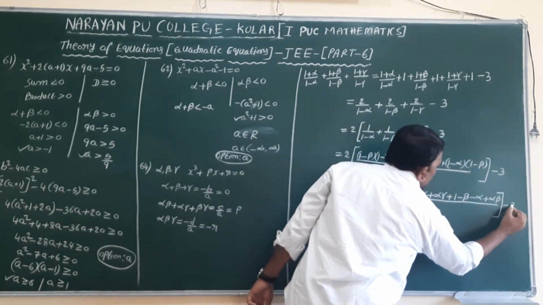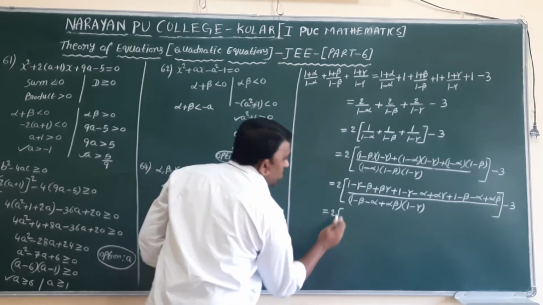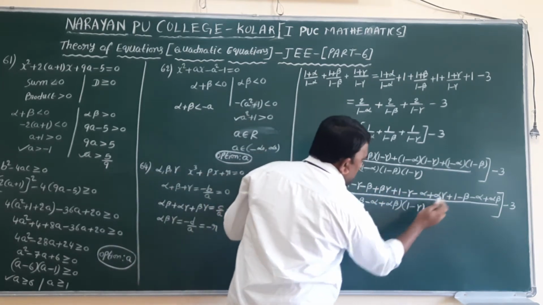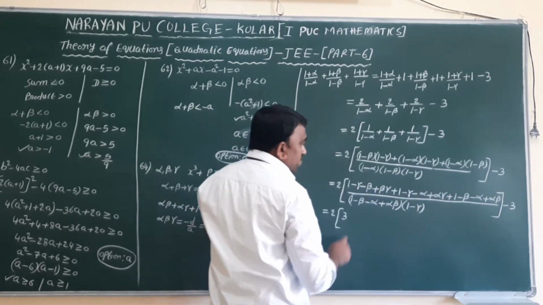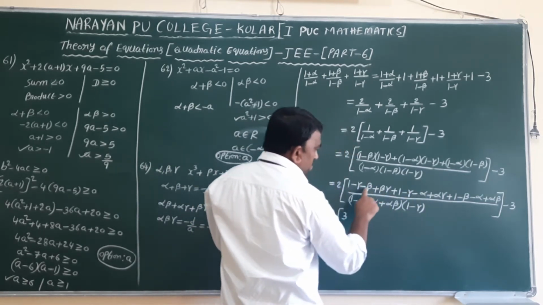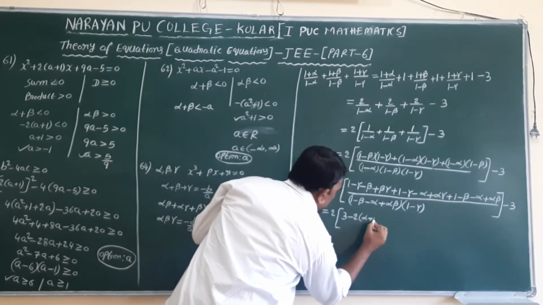Whole minus 3. So minus 2 into, 1 plus 1 plus 1 is 3, minus gamma minus 2 gamma minus 2 alpha minus 2 beta, take minus 2 common, alpha plus beta plus gamma.